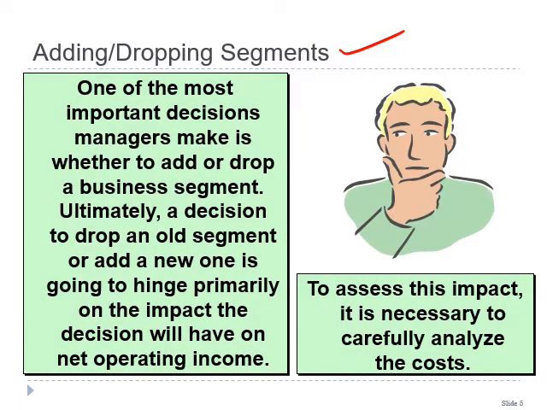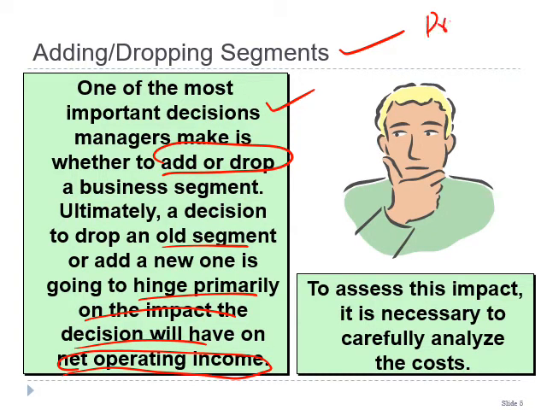Adding or dropping segments: one of the most important decisions managers make is whether to add or drop a business segment. Ultimately, a decision to drop an old segment or add a new one is going to hinge primarily on the impact the decision will have on net operating income, right? If by dropping it the net operating income is positive, then we drop it.